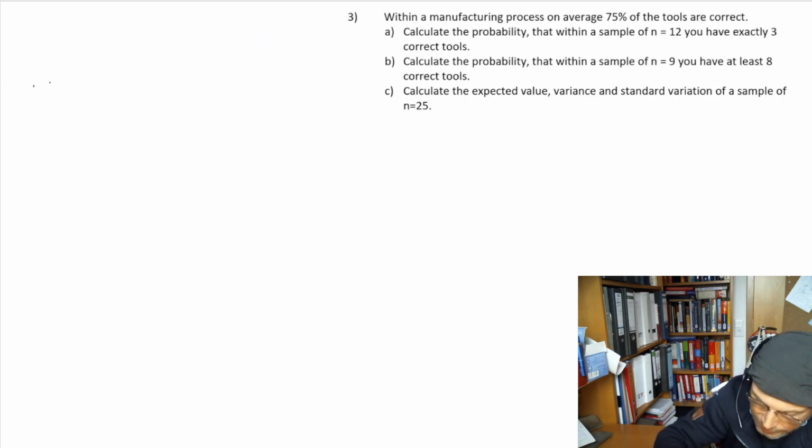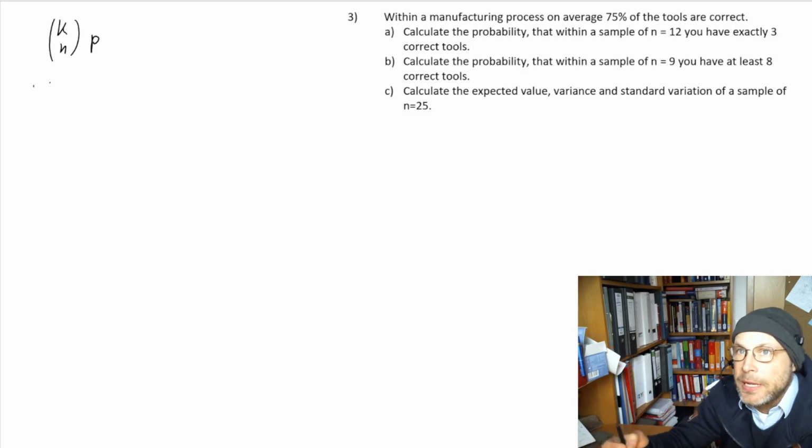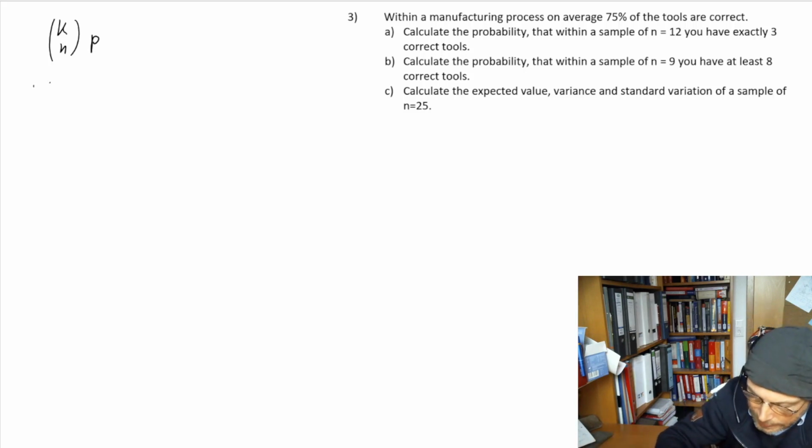This means k, number of successes, over n times the probability to be correct, pi to the power of k, times 1 minus pi to the power of n minus k.